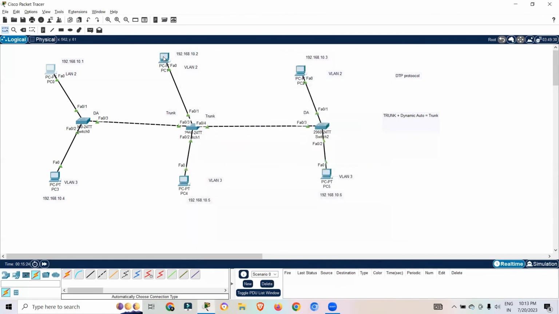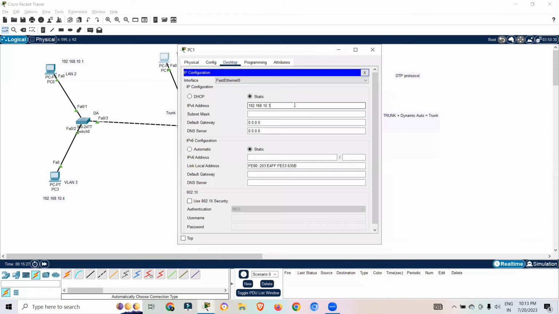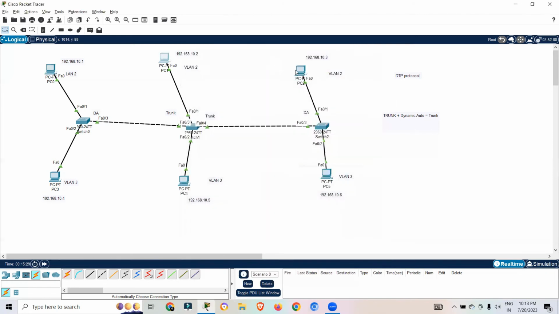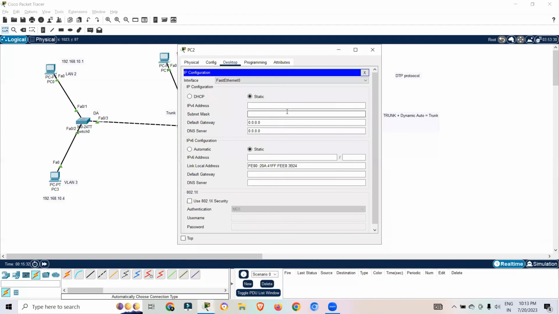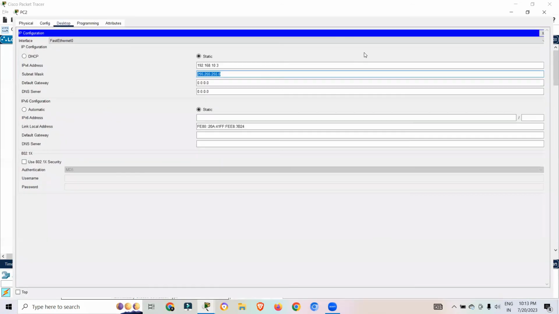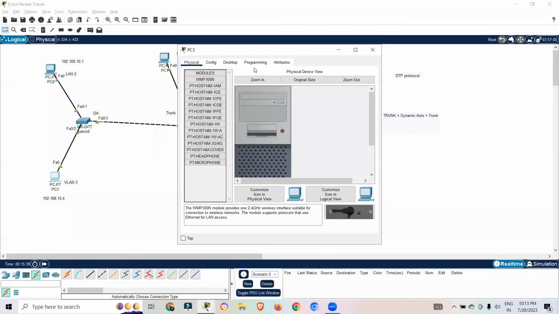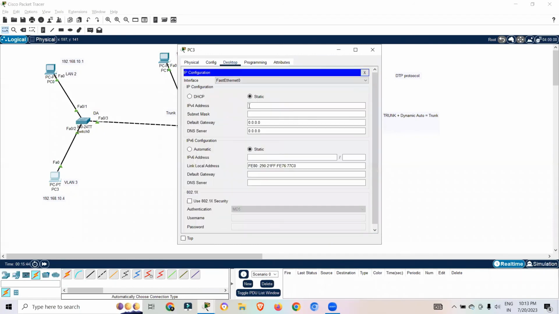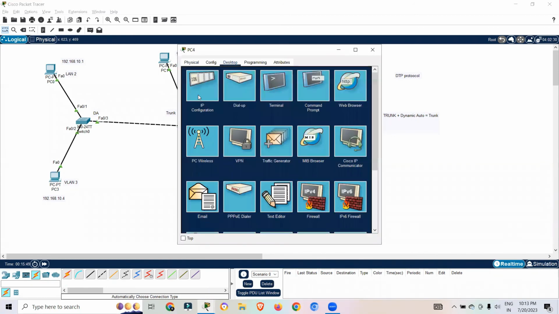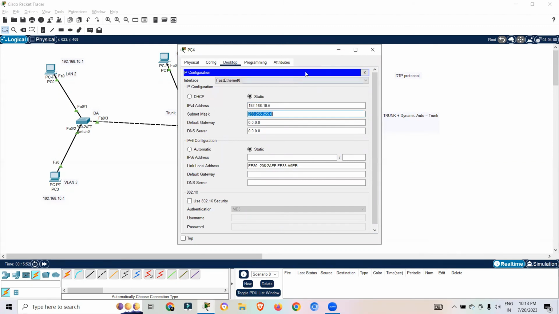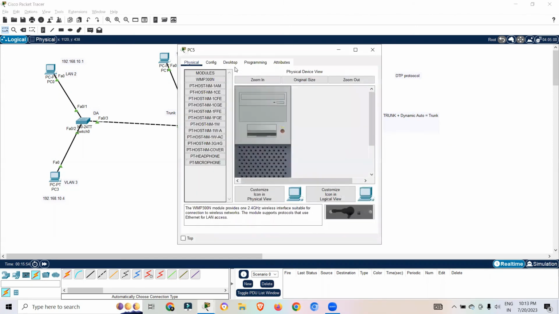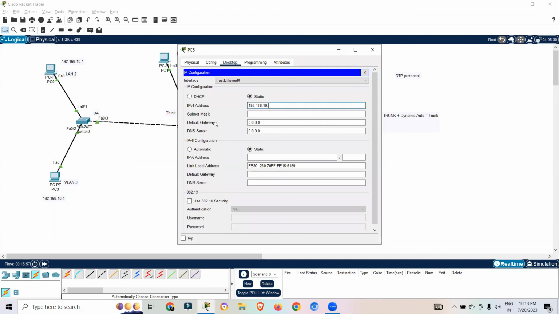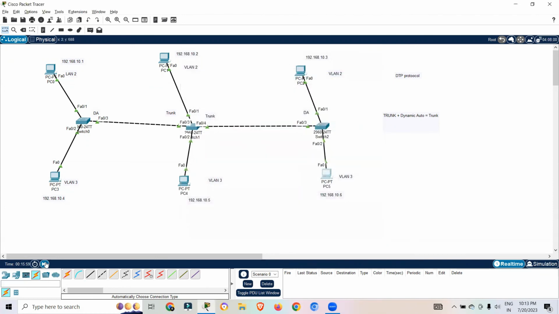This is 10.2 here and 10.3 here, this is 10.4, this is 10.5, and the last one is 10.6. So we have given all the IP addresses.